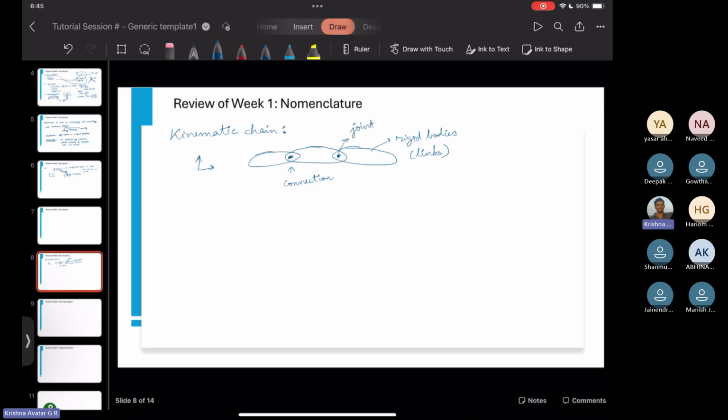Using just these two, we can have an infinite variety of mechanisms and robots for different purposes.